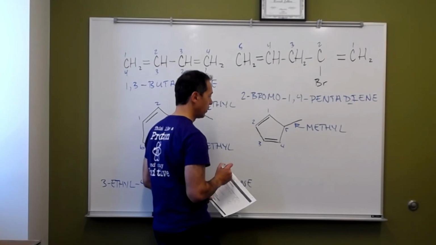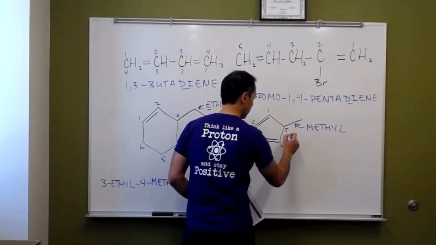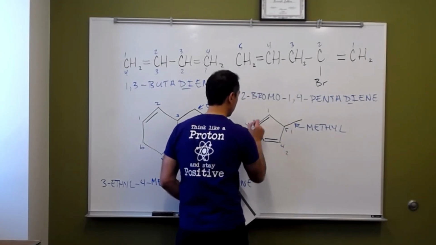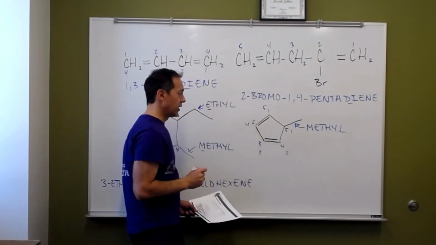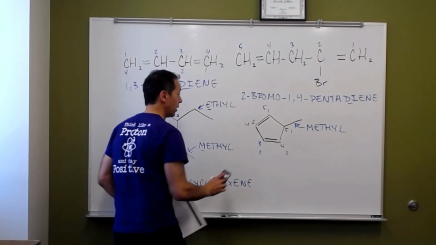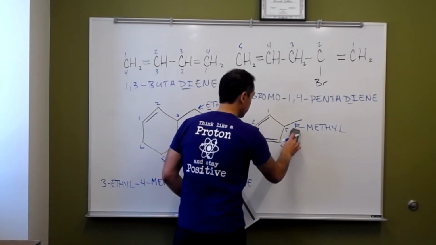Okay, that's one way of doing it. The other way would be numbering it from the other direction. And I could go 1, 2, 3, 4, 5. And if I do that, our numbers end up being the same. So it doesn't really matter which way we do it here. Okay, so I'm just going to stick with this one.